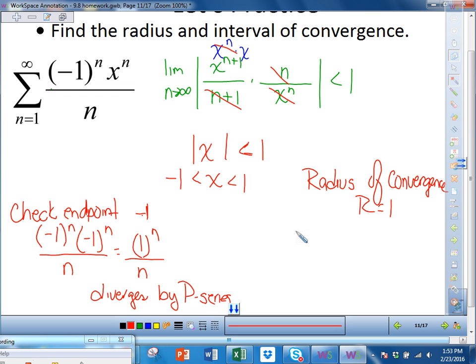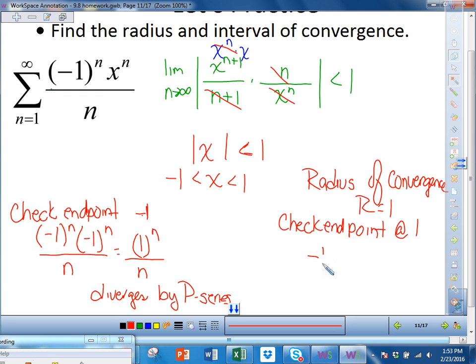Alrighty. Now, we need to check the endpoint at 1. Remember, on your test, I want you to write this down. Don't have me looking all over your test for where you check the endpoints. All right, so now I'm going to put 1 in for x.